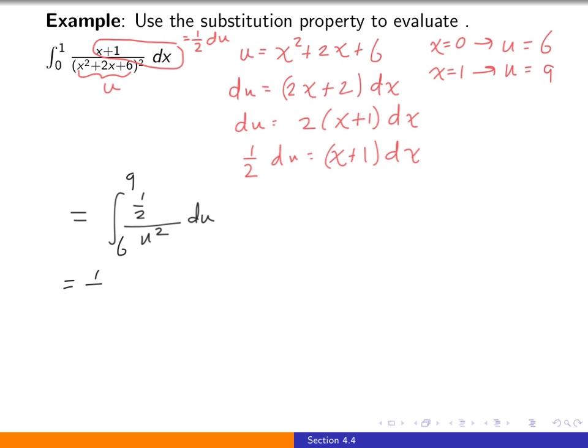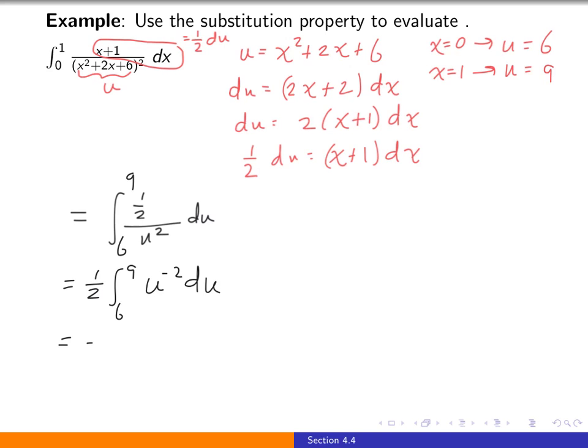1/2 is a constant that we can pull out. 1 over u squared is u to the minus 2. So this is now a much more reasonable integral. We note that minus 2 plus 1 is minus 1. So an antiderivative of u to the minus 2 is minus 1 over u.